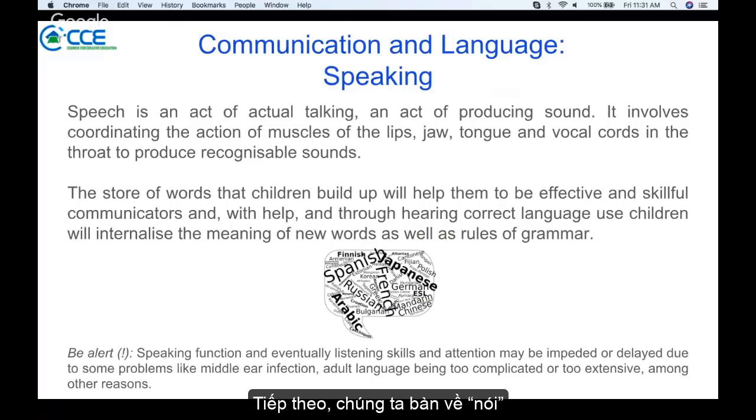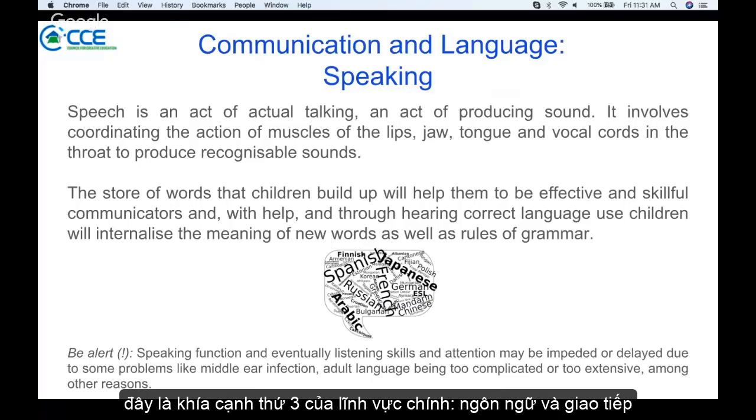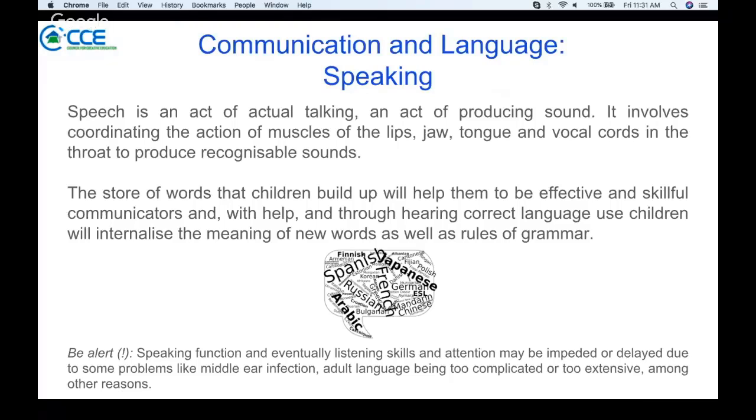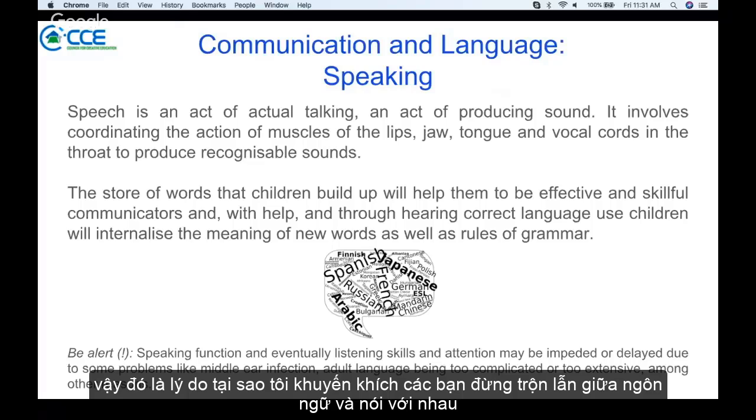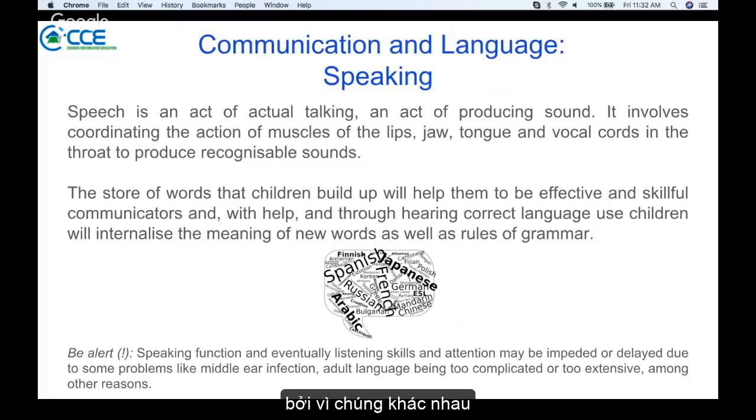Next, we could talk about speaking, the third aspect of the language and communication prime area. Speaking or speech is actually a very technical stage. It is just the act of actual talking, producing sounds. That's why I encouraged you not to mix language and speech together, because they are not the same thing.